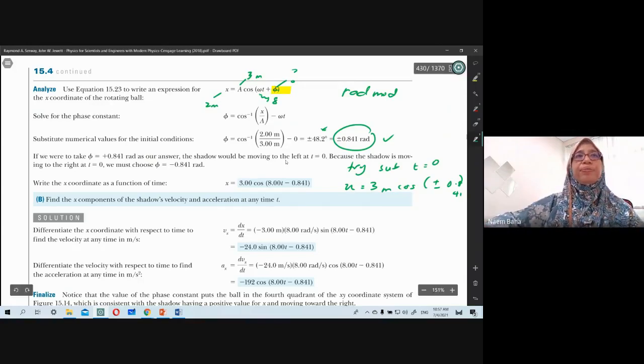You will find that if you take positive, then the shadow should be moving to the left.